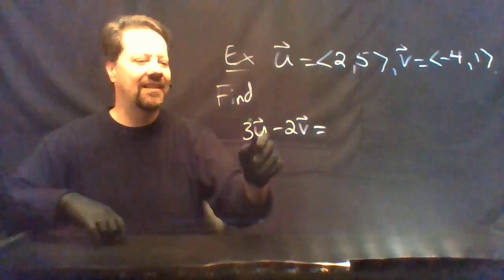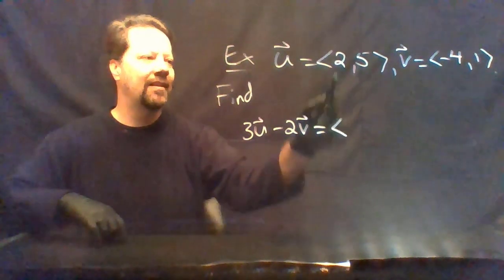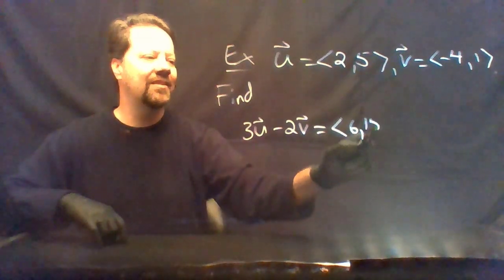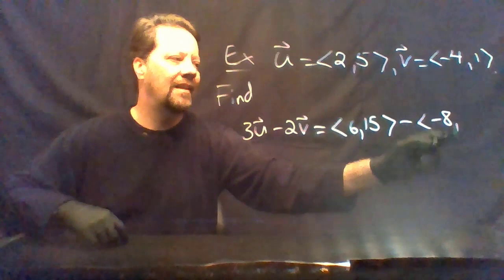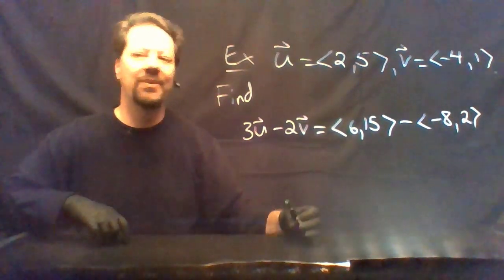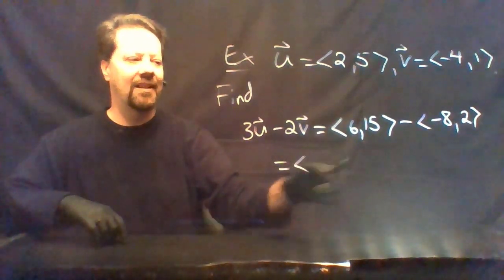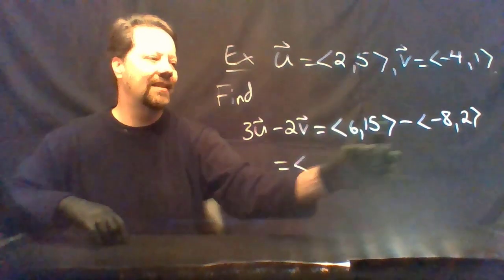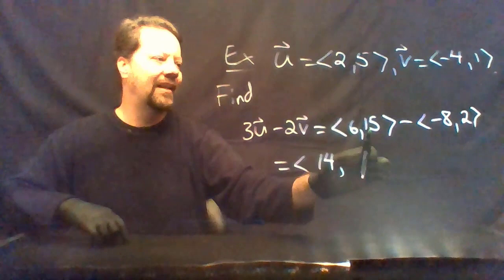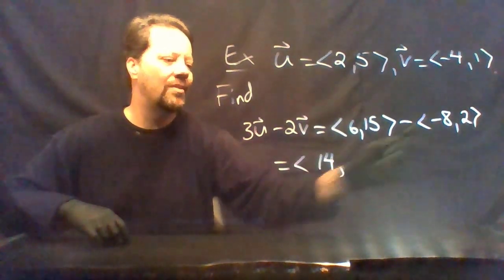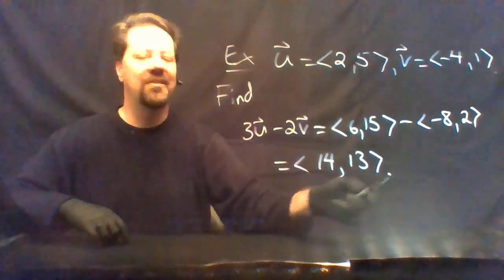Be careful. 3 times u, that's going to be what? 6, 15. And 2 times v, negative 8, 2. Then we subtract coordinate-wise. 6 minus negative 8 is 14. And 15 minus 2 is 13.